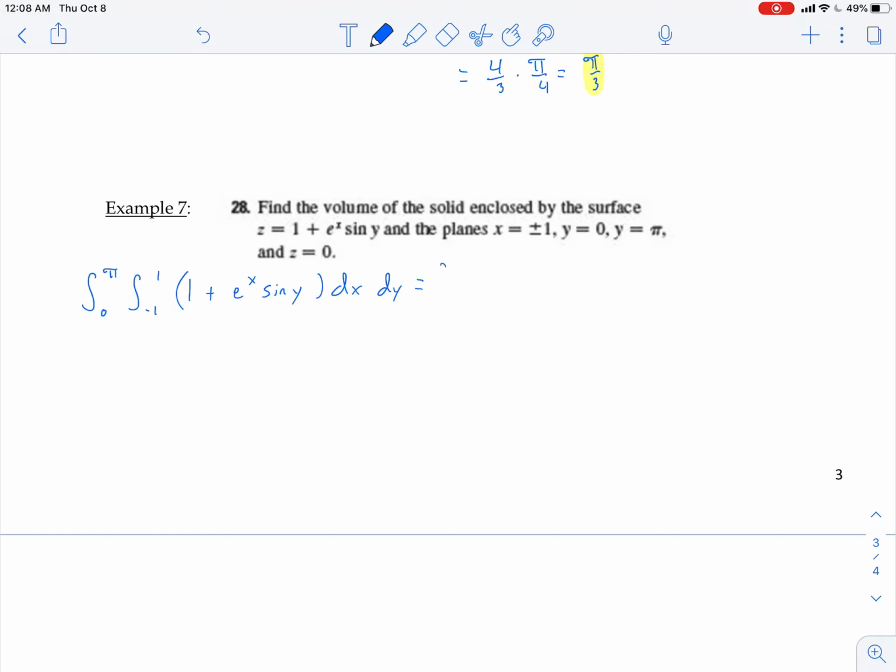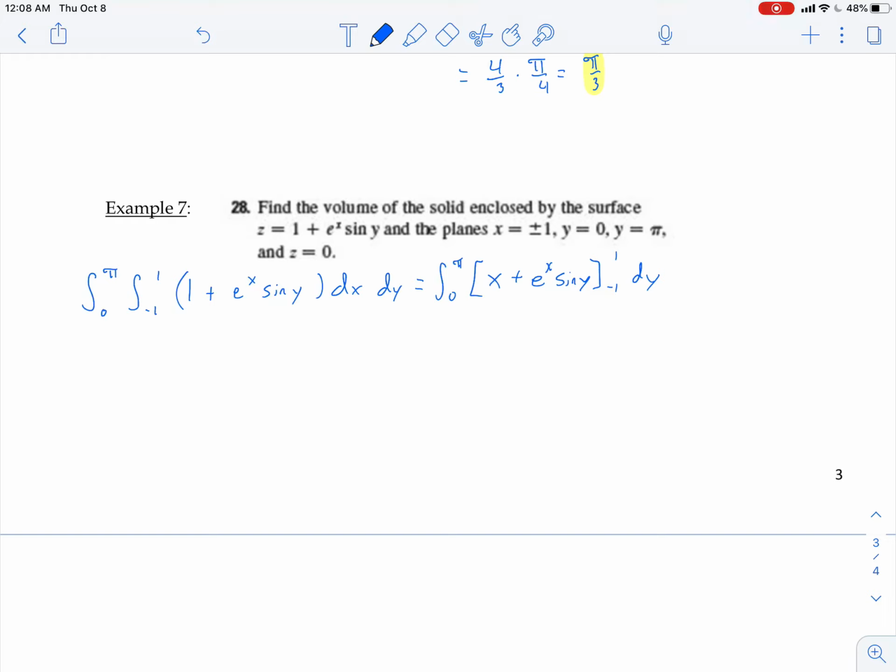So I'm going to go ahead and integrate. From 0 to pi, integrate the inside: x plus e to the x sine y, from -1 to 1, dy. So let's go ahead and substitute in.